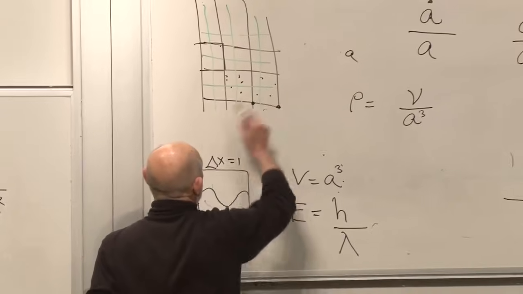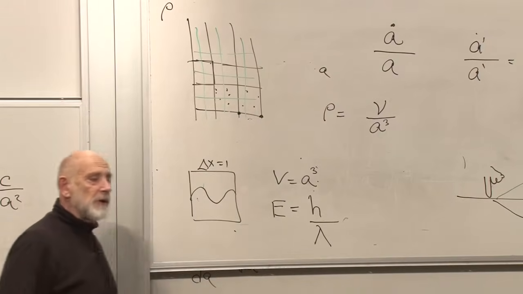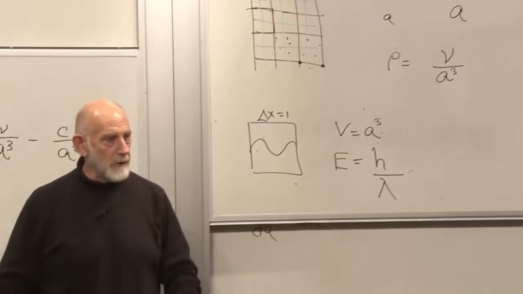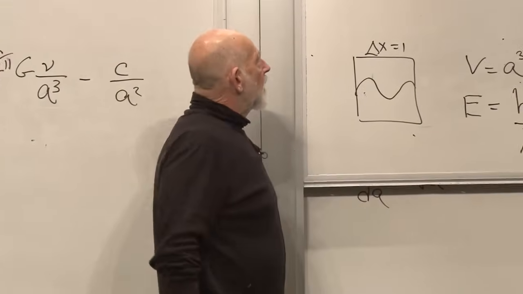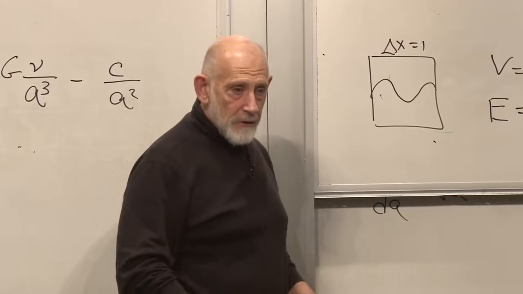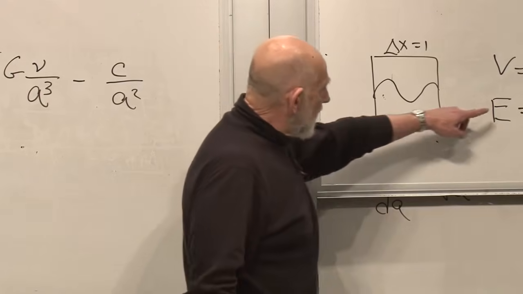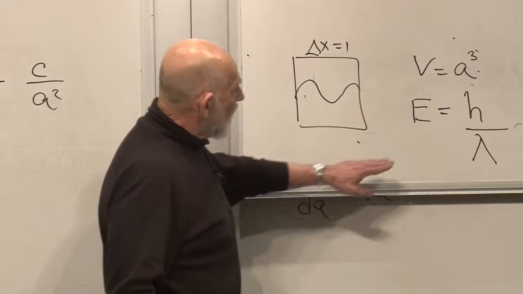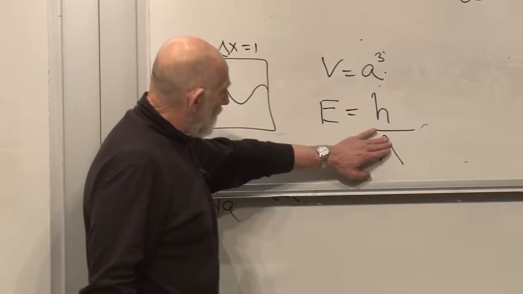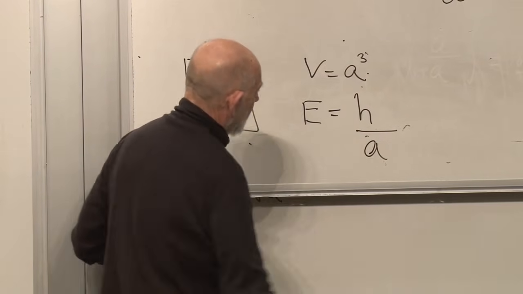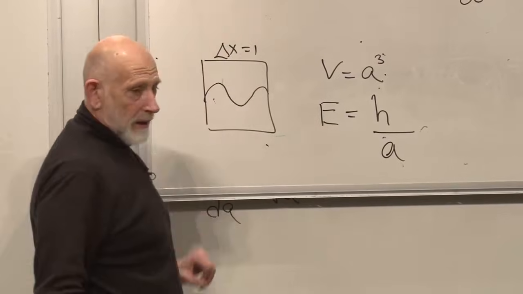You can pretend that the number of photons in each box stays fixed. That's a true statement. The number of photons stays fixed, but their energy changes as you change the size of the box. In particular, the energy of each photon will be proportional to 1 divided by the size of the box.